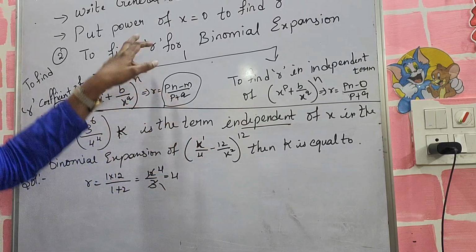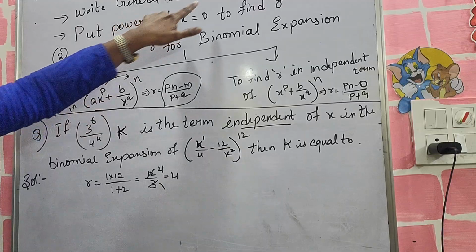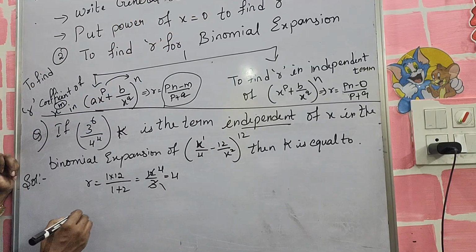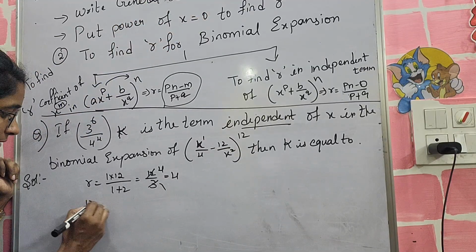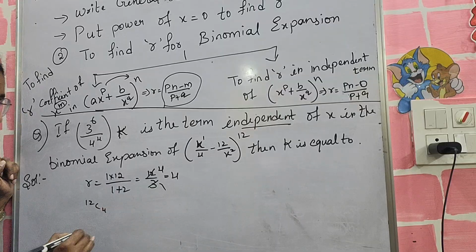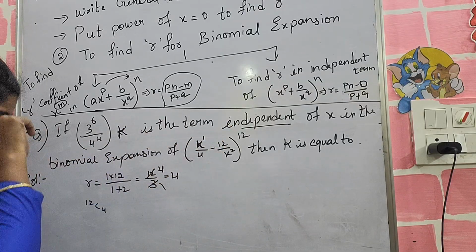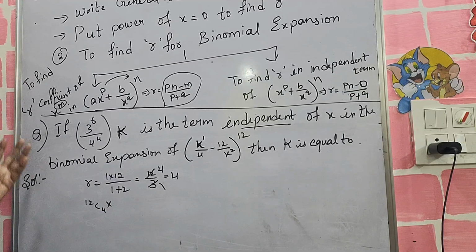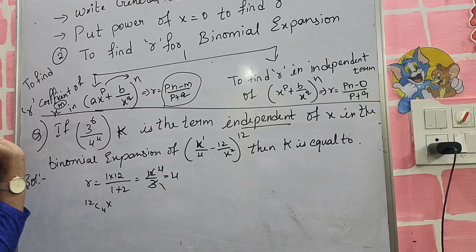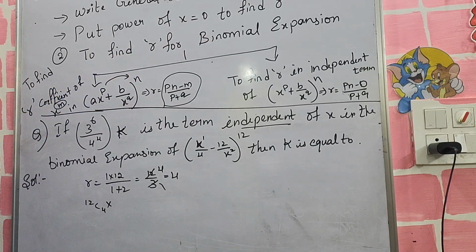And we'll substitute it in the independent term. How am I going to write it here? 12C4. Independent of x means x will not be there, so x equals 0, you're going to keep it.